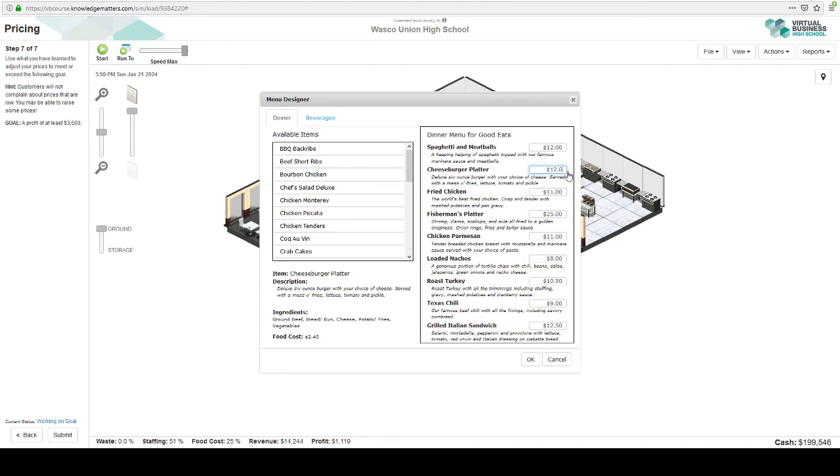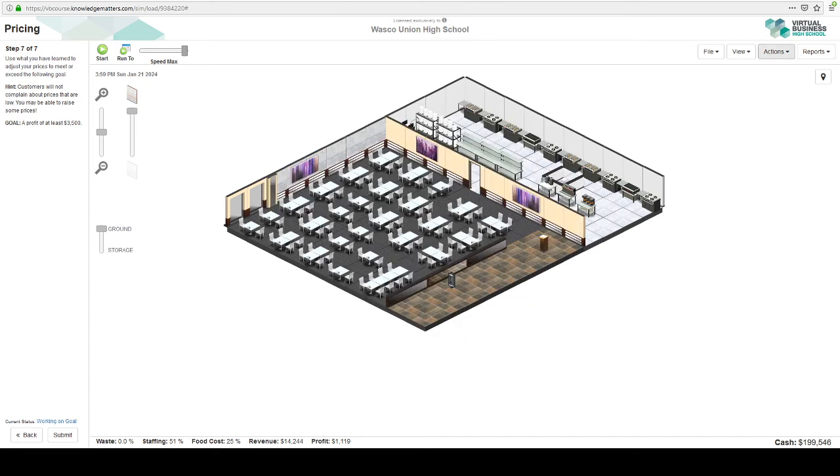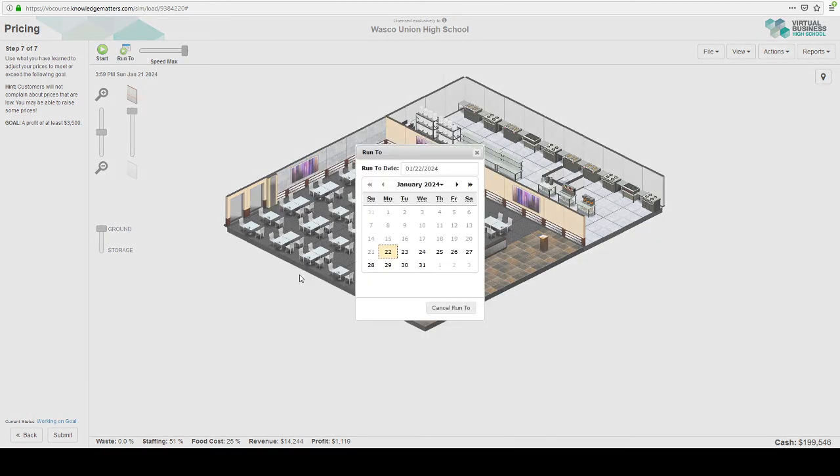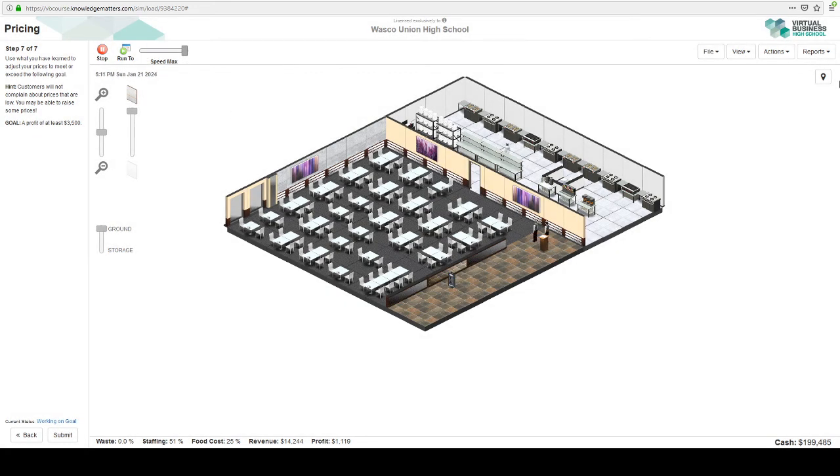Cheeseburger platter. Fried chicken. Honestly, I think we'll probably be able to charge like $19 for the fisherman's platter. Chicken parmesan, loaded nachos, at least $9 for that. Roast turkey, Texas chili, grilled Italian. Alright, so let's run it forward a week and see what kind of complaints we're getting.